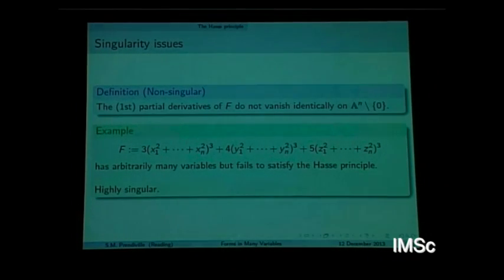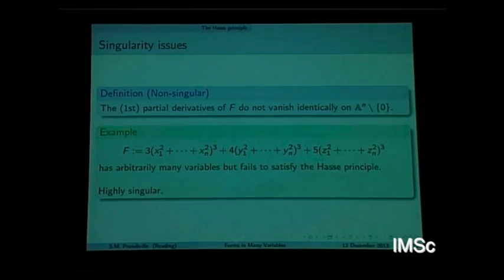But the problem is this is a very singular form. If you look at the set of singularities, so the set of points where all the partial derivatives vanish, then it's actually a very large set. It's got quite large dimension. So this is highly singular.